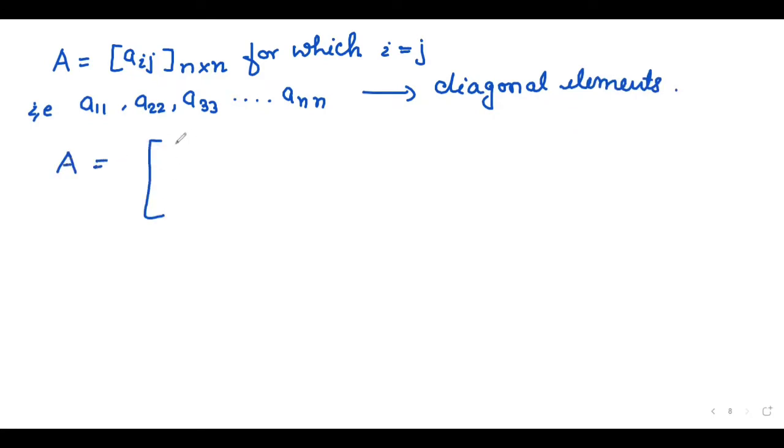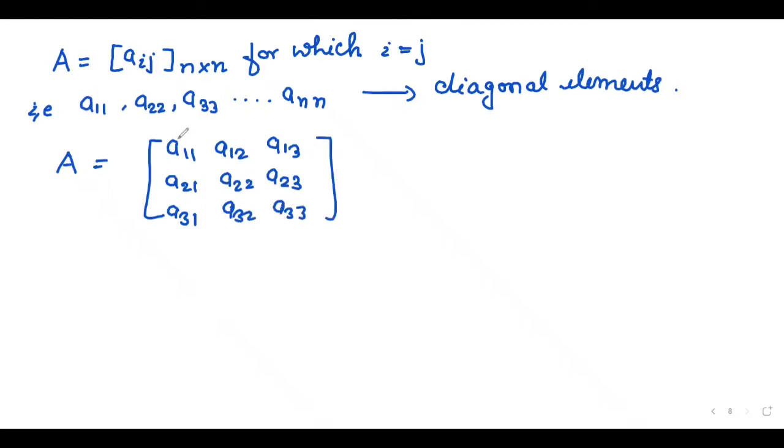So I can write it as A11, A12, A13, A21, A22, A23, A31, A32, A33. So A11, A22, A33 are the diagonal elements of this square matrix.